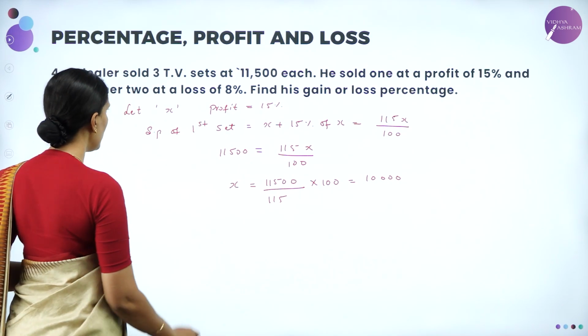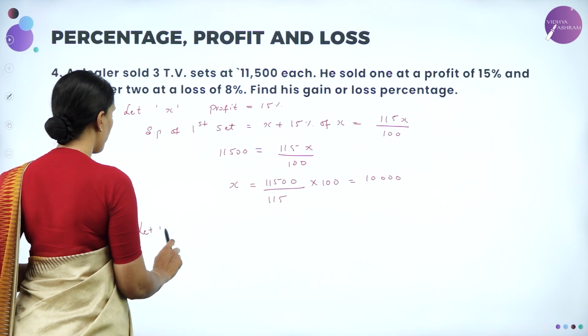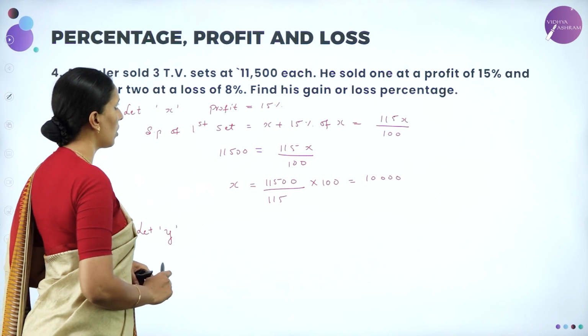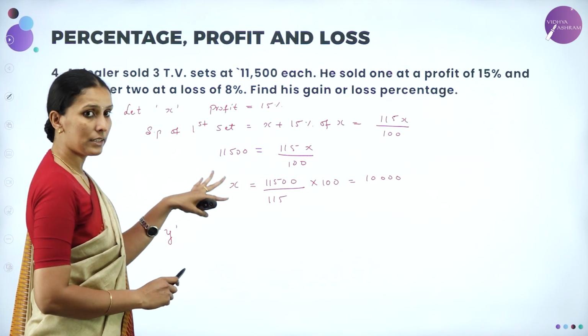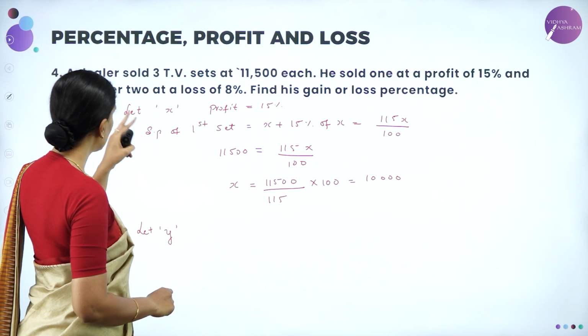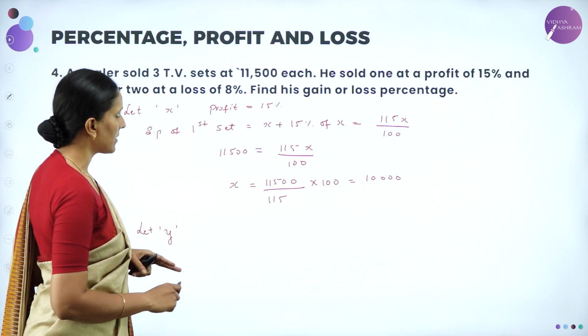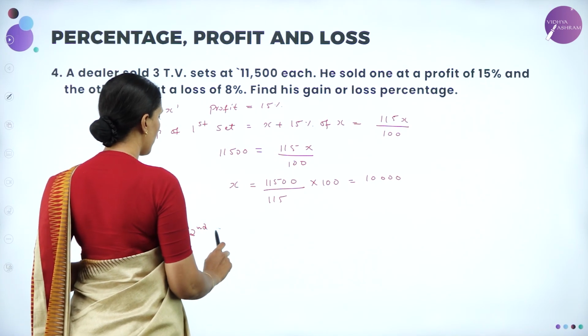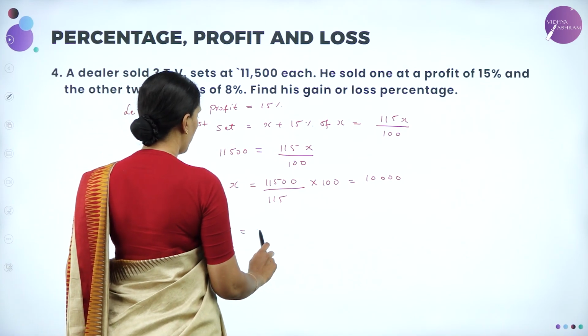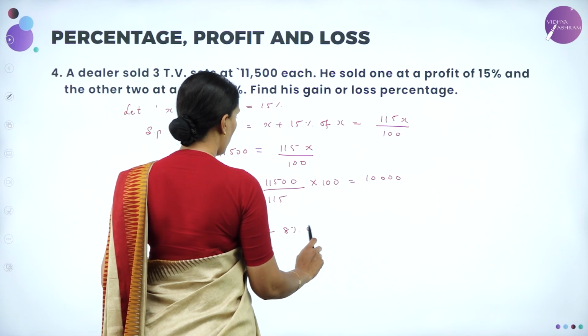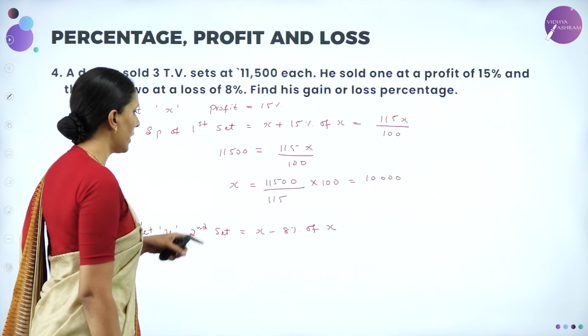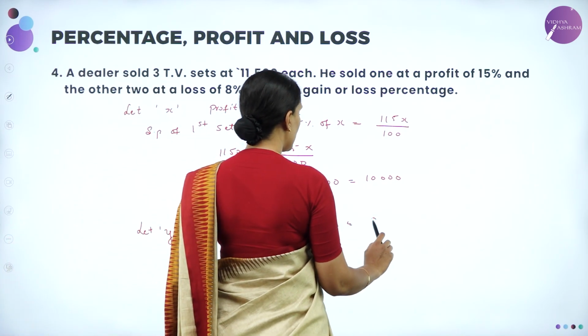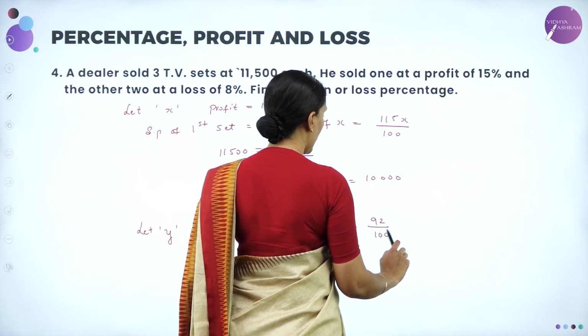Now let us take the second one. So let y be the cost price of the second and the third set, because he has sold them at a loss of 8%. So then the selling price of the second set will be equal to y minus 8% of y. So now y minus 8% of y is 92 by 100 y.